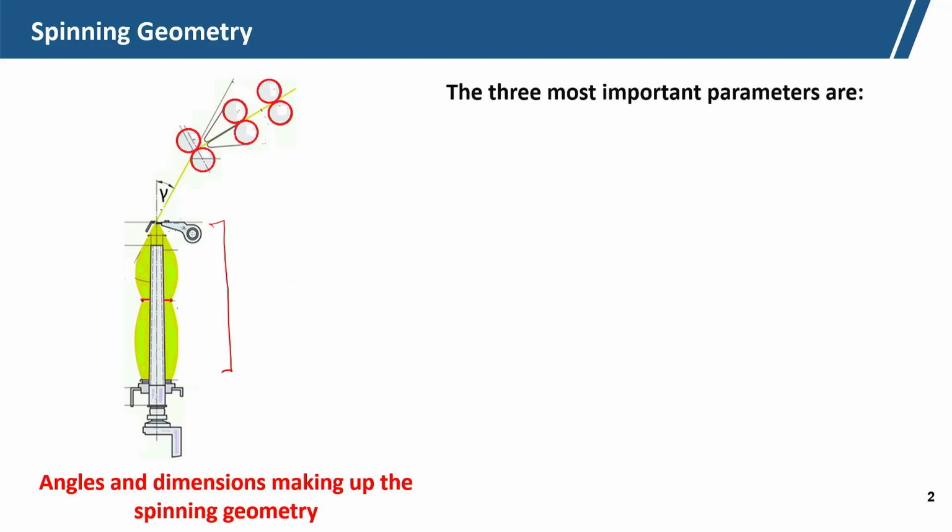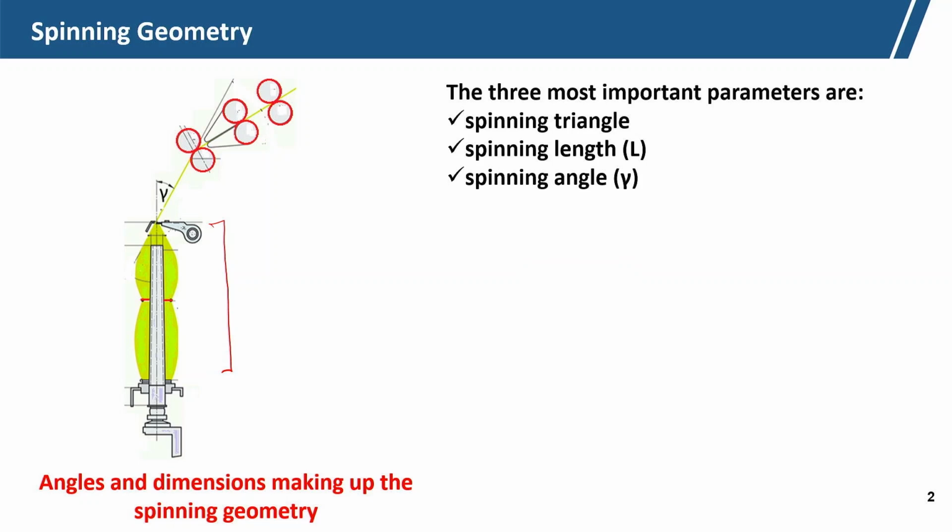The three most important parameters in the spinning geometry are the spinning triangle, which affects the yarn characteristics and spinning performance, the spinning length and the spinning angle. These three parameters we will discuss here, and try to understand their implications.